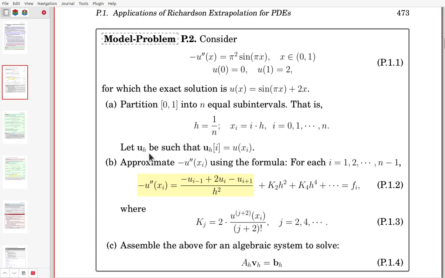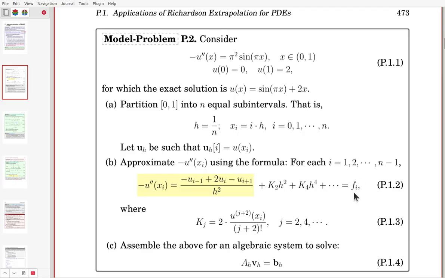Now, u_h is the exact solution collecting the values at each x_i. To get the numerical solution, we use, for example, a numerical technique for the second derivative. You learned this one for the second derivative, minus u double prime. That can be written in this formula, and these are error terms, with right hand side f_i.